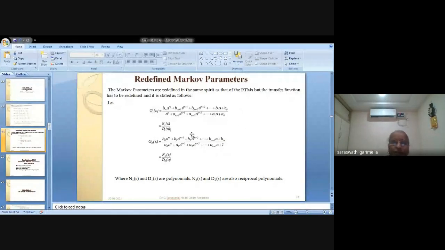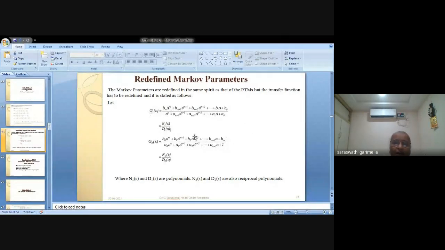So here B0 s to the power of m, B1 s to the power of m minus 1. That is how it has been defined by the researchers, and I consider it the same way. So B0 s to the power of m, A0 s to the power of n, just a reversal. The coefficients will be reversed because you are taking the polynomial similar to the time moment.